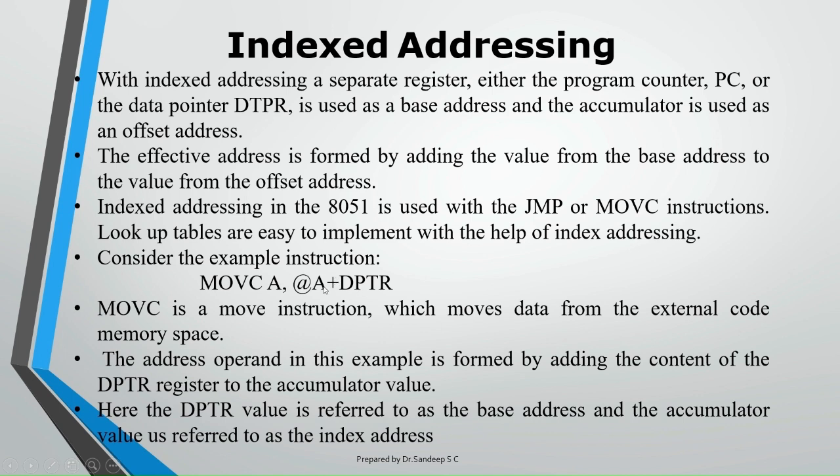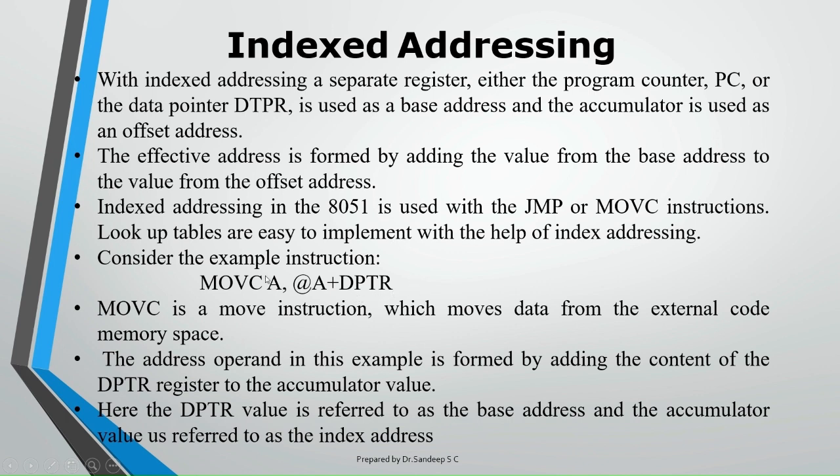That means first, the register A contains the base address, and the DPTR register, that is the data pointer, will contain the offset address. So if A is containing, say, value 50 and DPTR is having 15 or 20, then 50 is considered as the base address. First I will go to that address. From there I will jump 20 bytes, which is the content of DPTR.